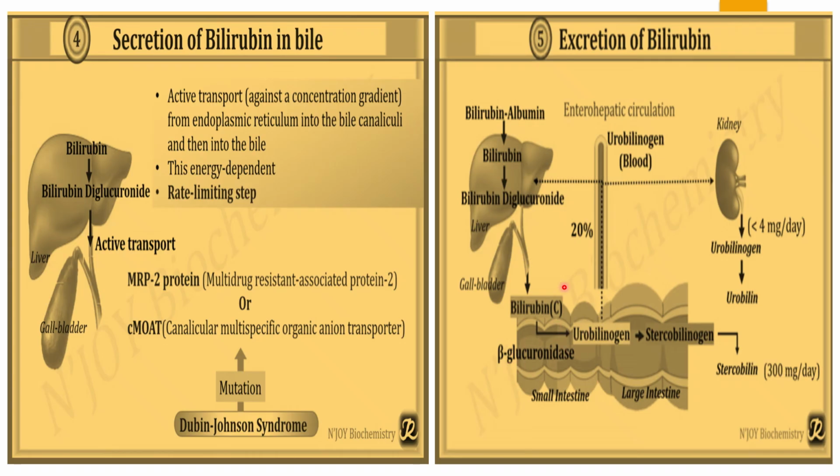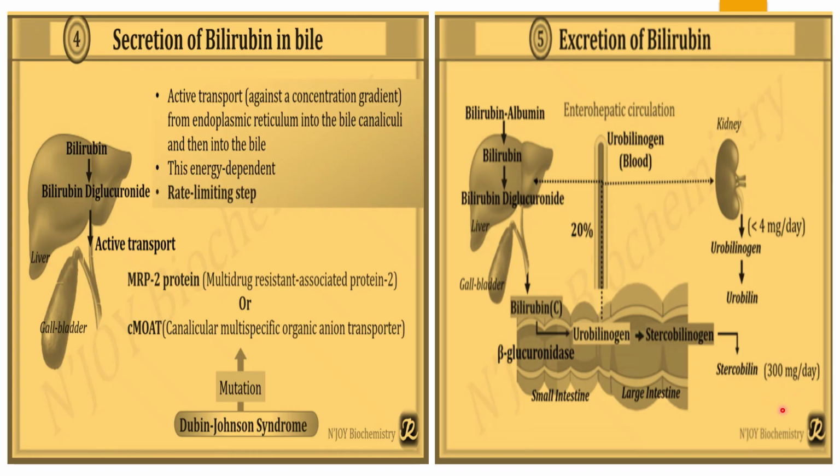In the presence of bacterial enzymes, there are a lot of enzymes present. So beta glucuronidase enzyme converts this conjugated bilirubin into urobilinogen. Nearly 90% of this urobilinogen is converted into stercobilinogen. Finally, it converts into stercobilin, which is excreted via feces.